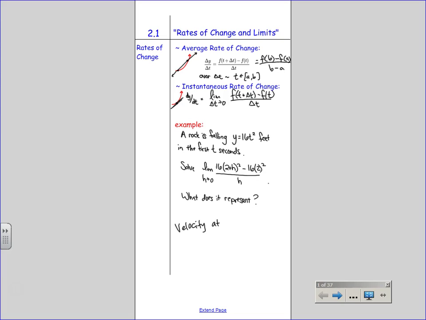16 is part of the function. Careful, that has to do with gravity. Falling is indicating the negative. And so this is half of gravity, half of acceleration. T squared comes from the integration of going from acceleration to velocity, velocity to position. There was that formula last year.